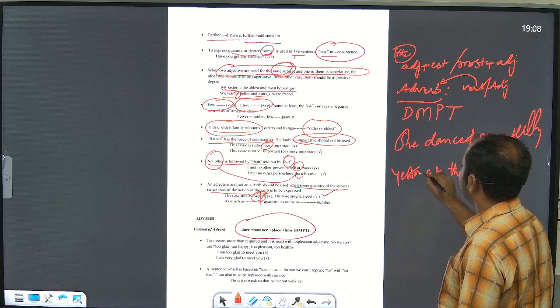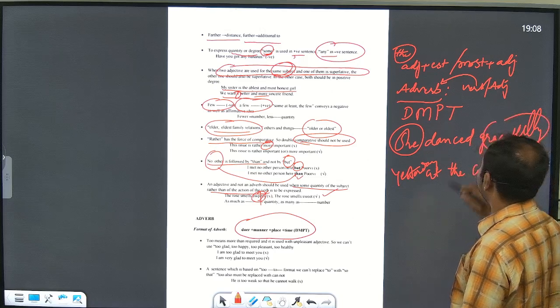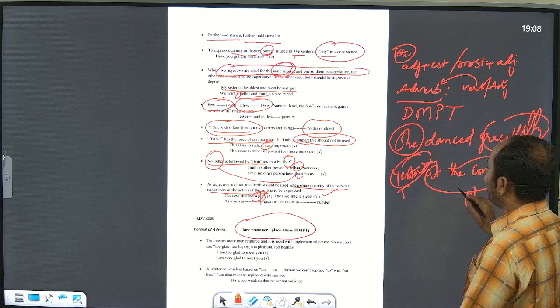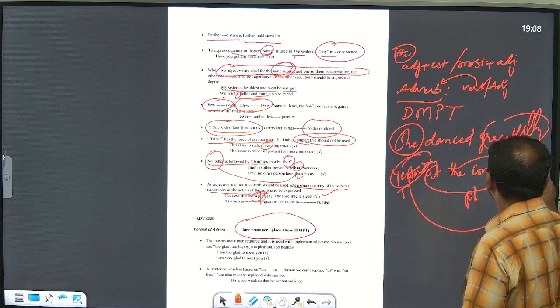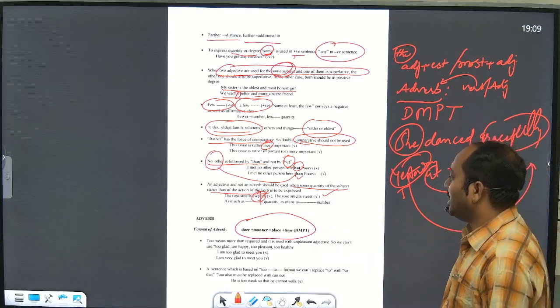Doer is given first. Gracefully is the manner. Yesterday is time. At the concert is place. So this is wrong, the place is given after time. So we should write, at the concert yesterday. Doer, manner, place and time should be mentioned in this order.